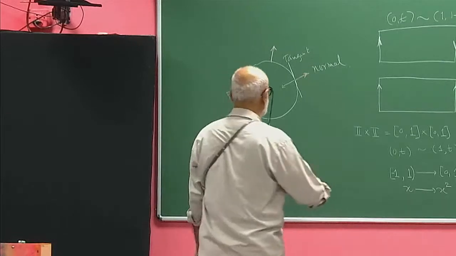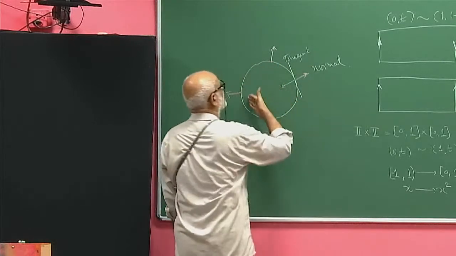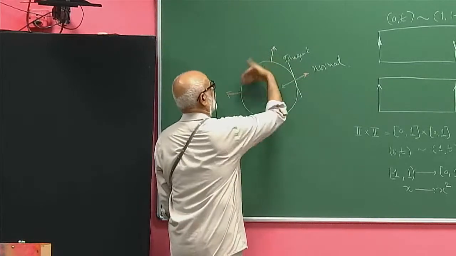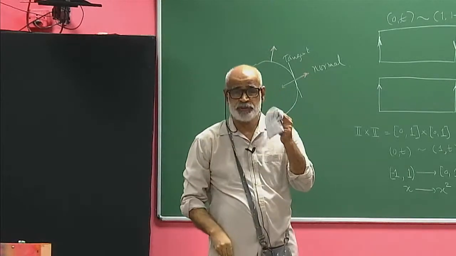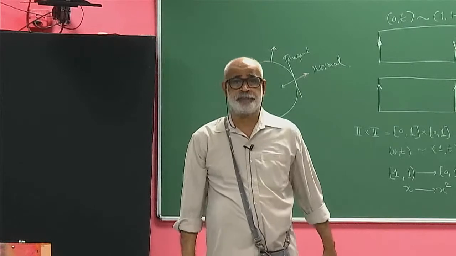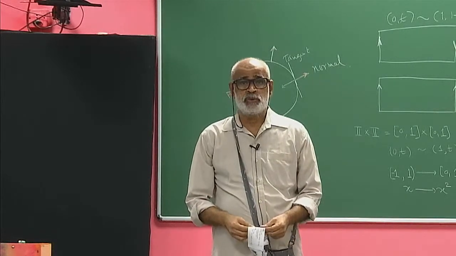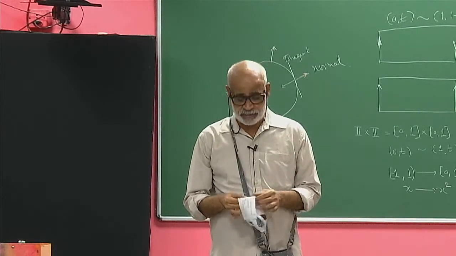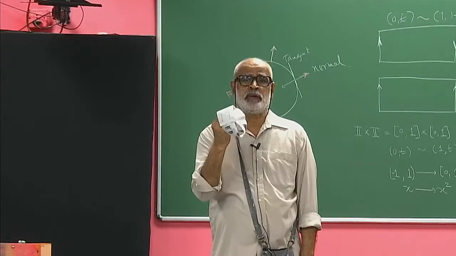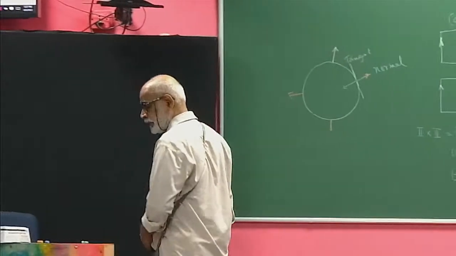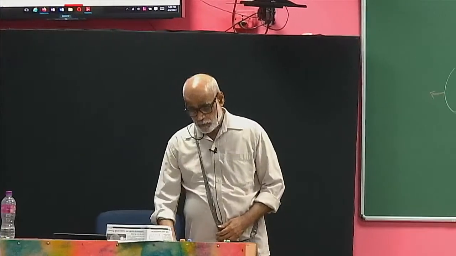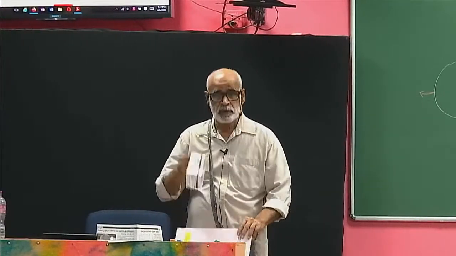So here it doesn't happen, but when you go around and come back, it will be the other normal for the Mobius band. This you can check. Okay. So that is what is known as a non-orientable surface. Whereas this will not happen with what? With the cylinder.